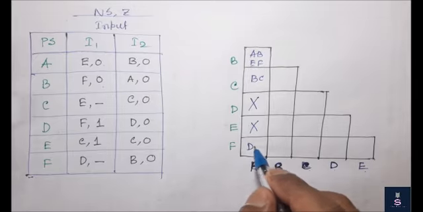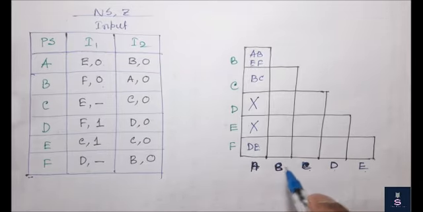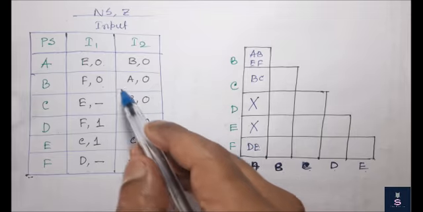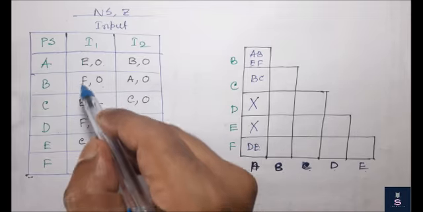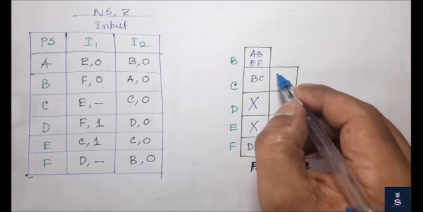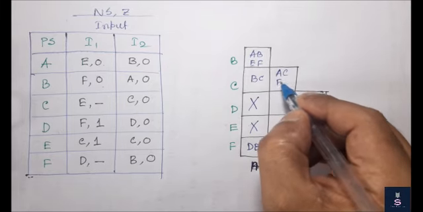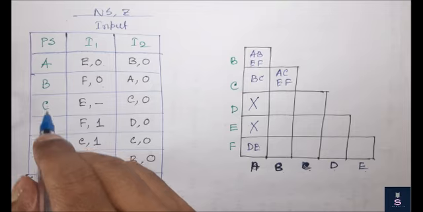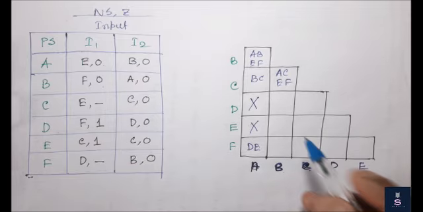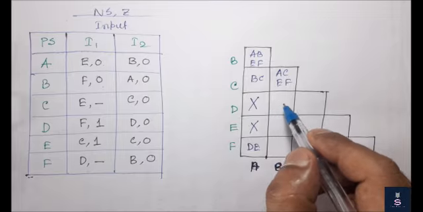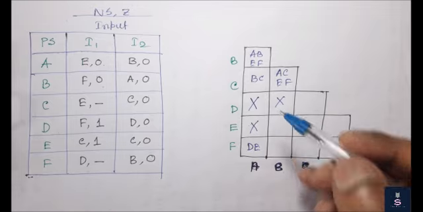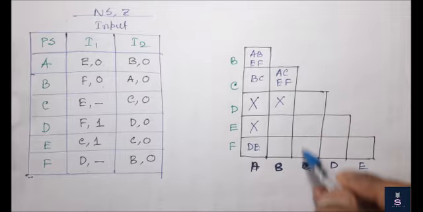Now similarly go for the next one. BC: 0 don't care, 0 0, so implied pair AC and EF. And the next one is BD: compare BD, 0 1, so there is no compatible cell, so you can put a cross here, and consider CD.